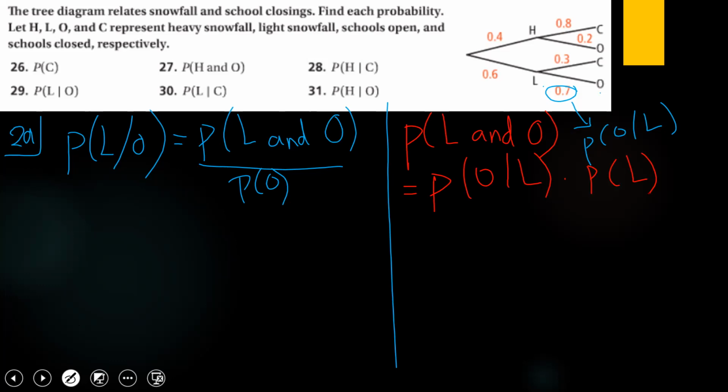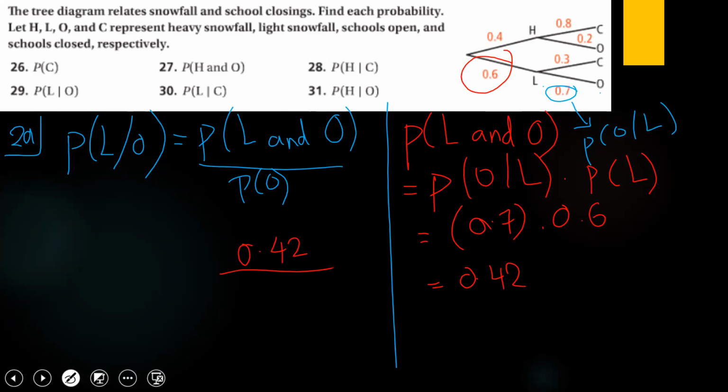Now, O given L is 0.7, and the probability of L is what? 0.6. So it is 0.42. So the probability of L and O is 0.42.